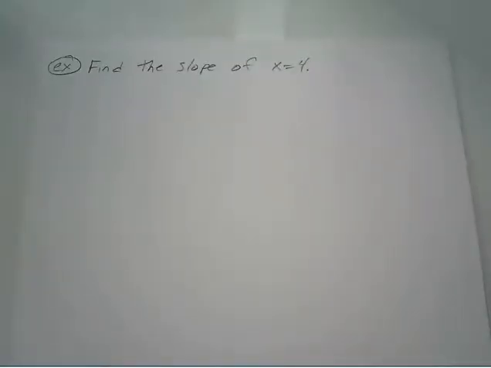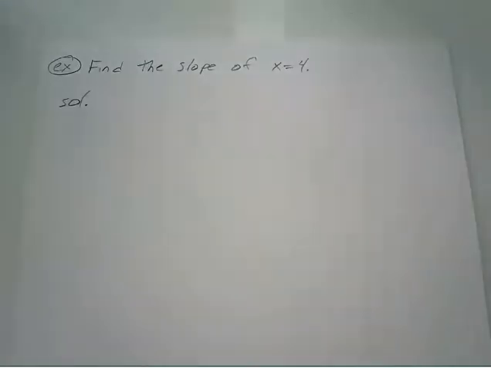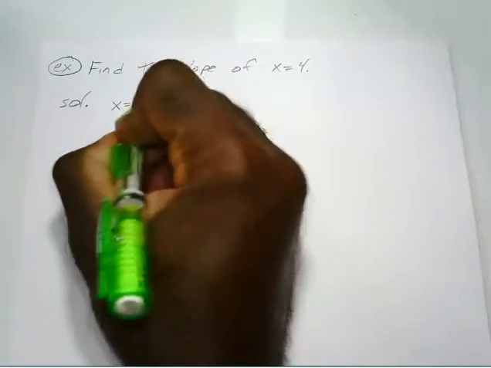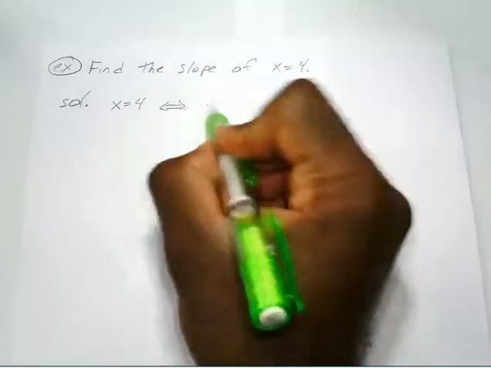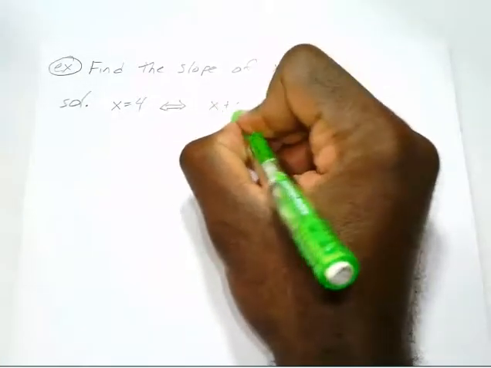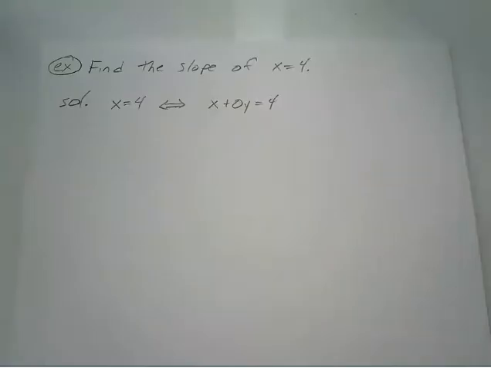Alright, so just like before, I'm going to do the explanation version, then I'm going to do the shortcut, because it's a shortcut for this one too. Okay, so we know that x equals 4 is the exact same as saying, I have to put the x first, x plus 0y equals 4. Because 0 times y is 0, so that's just x plus 0, which is x. So it's the exact same thing.